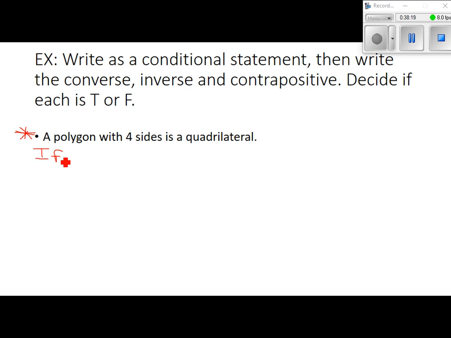If a polygon with 4 sides, then a quadrilateral. Sometimes you have to make sure it makes grammatical sense, right? If a polygon, what? Has 4 sides, then is a quadrilateral.